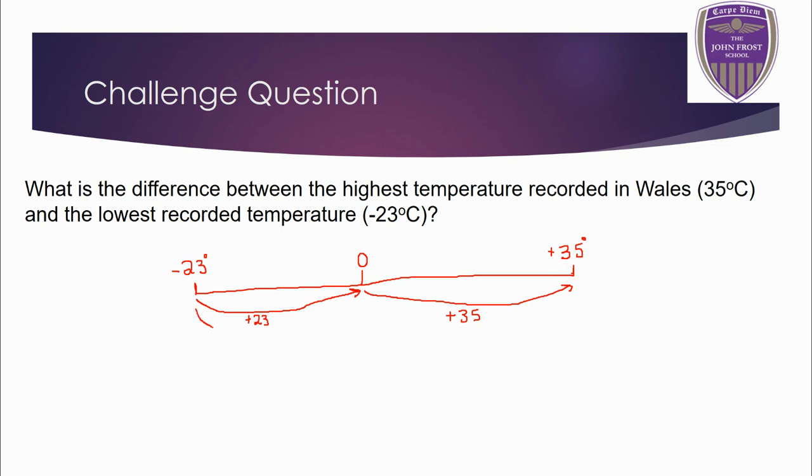If I was to do it in 1 step and also find the difference between minus 23 and 35, I would add 23 and 35. That would give me 58. So the difference between minus 23 and 35 degrees is 58 degrees Celsius.